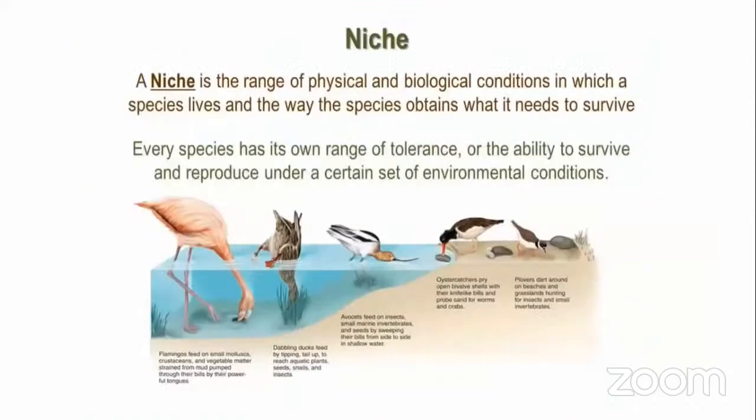So niche is the range of physical or biological conditions in which a species lives and the way the species obtains what it needs to survive. You can see here that every species has its own range of tolerance for the ability to survive and reproduce under a certain set of environmental conditions.